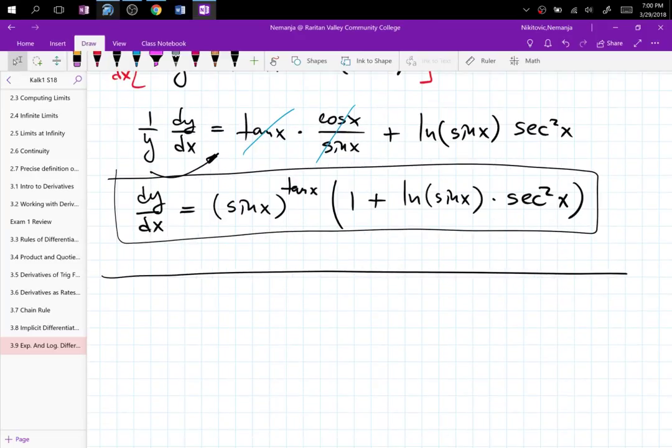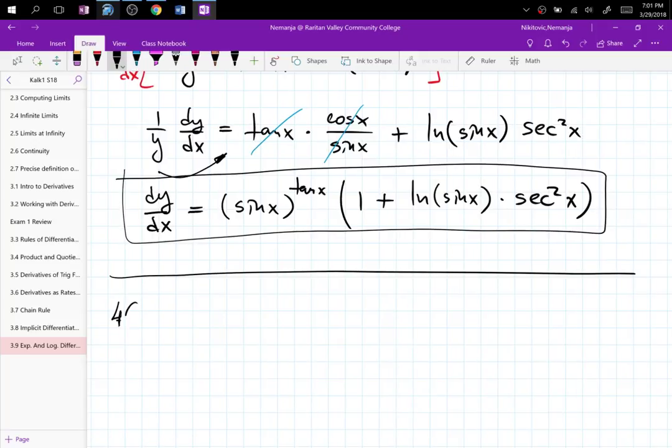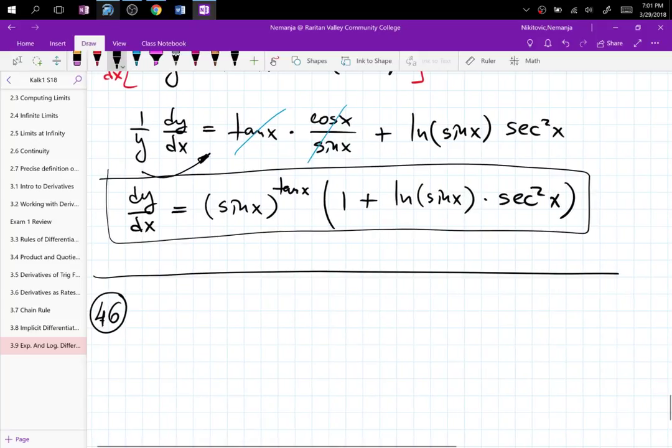So we have the derivative of x raised to ln x. So this is problem 46. So y is equal to x to the ln x. I'm immediately going to hit both sides with ln.